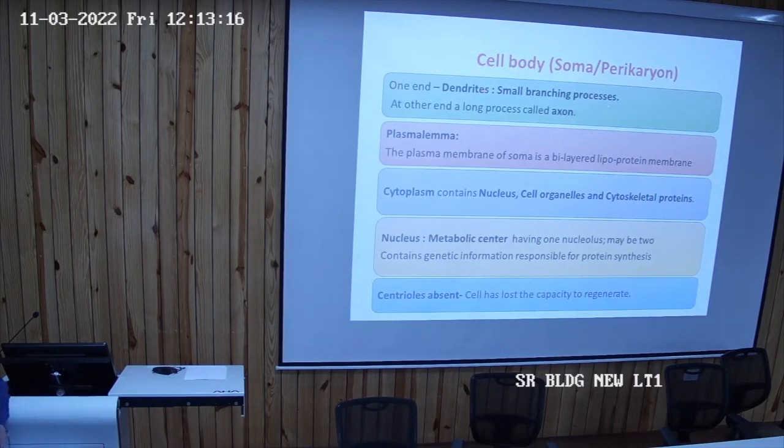At the other end you have the axon, and the plasma lemma is the bilayer lipid lipoprotein membrane. Like in other cells, the cytoplasm has the nucleus, organelles, and structural proteins, and the nucleus is the main metabolic center.